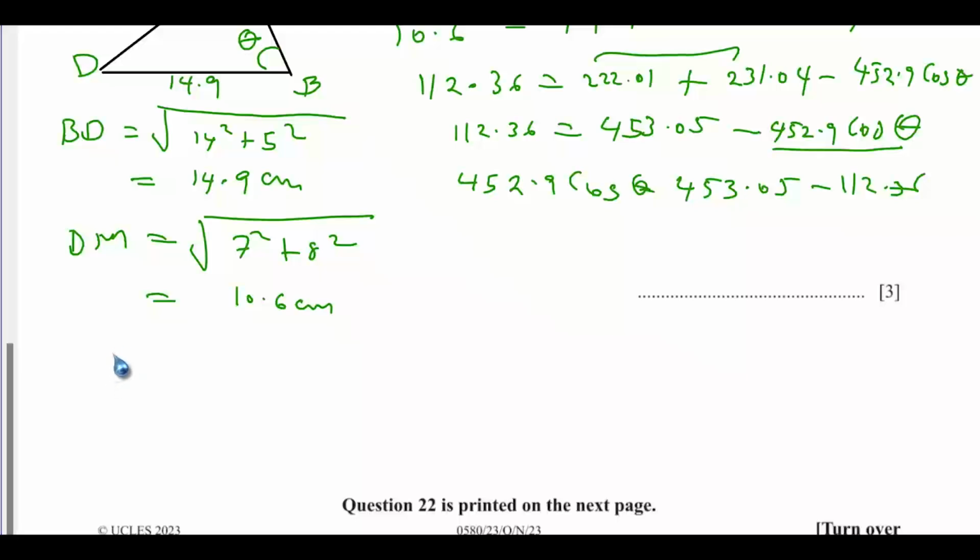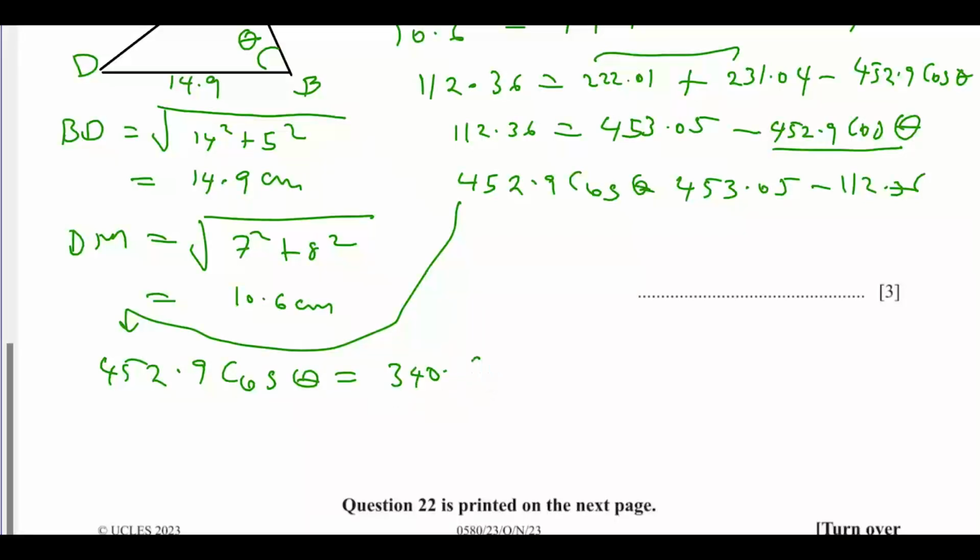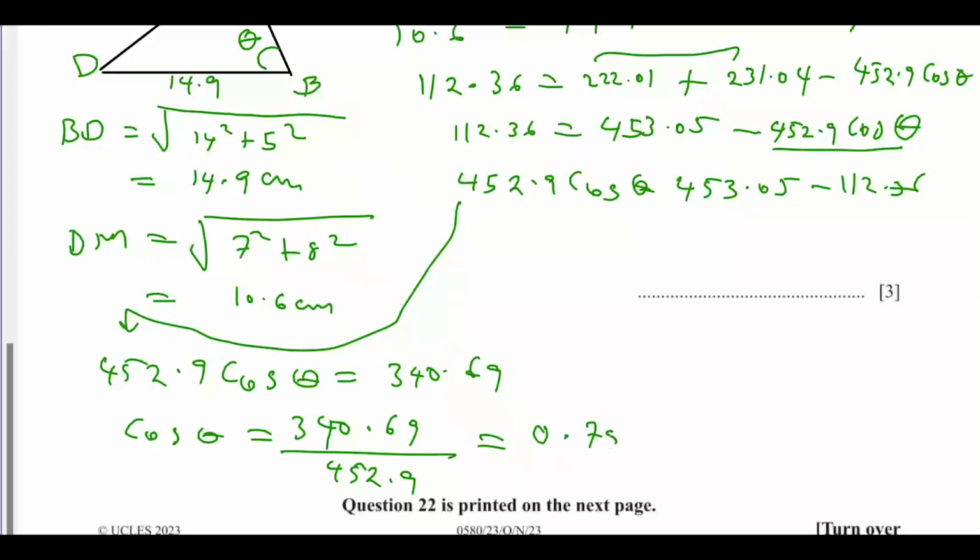So if you do that, you're going to have 452.9 cos theta equals 340.69, and finally cos theta will be equal to 340.69 divided by 452.9. So this will be equal to 0.7521. So that's the value of cos theta.